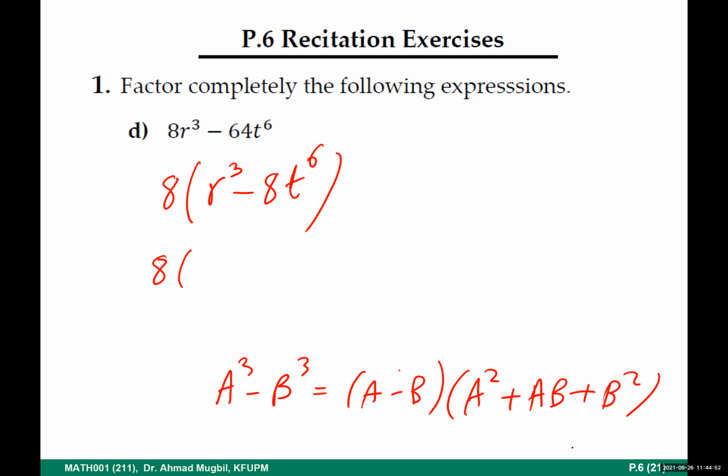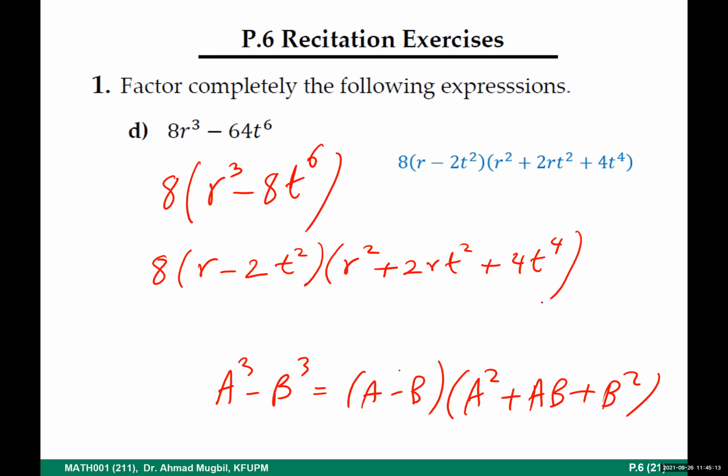Just apply this formula. Now, what is the cubic root of r cubed? r. The cubic root of 8, 2. The cubic root of 2 to the power 6, 2 squared. Now you will square r, with the opposite sign. If it is minus here, it will be plus 2rt squared plus 4t to the power 4. Is that right? Check your answer.